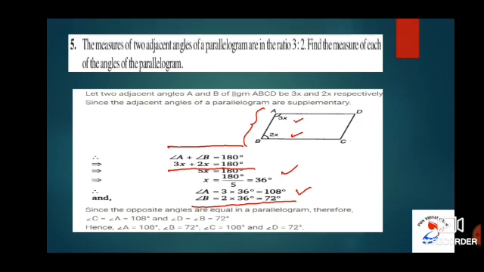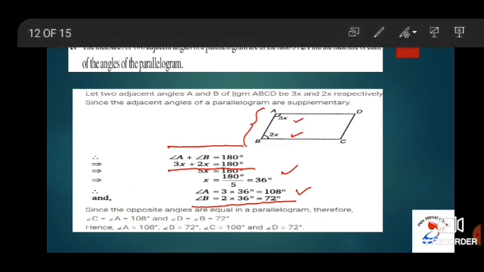They have asked you to find all the four angles. We also know the opposite angles of parallelogram are equal. If the value for B is 72, then the value for D also will be 72 because opposite angles are equal in a parallelogram. Similarly, if angle A is 108, angle C is also equal to 108 degree.